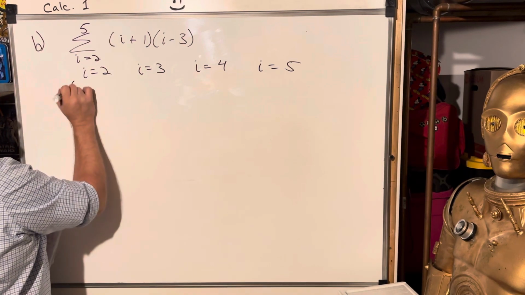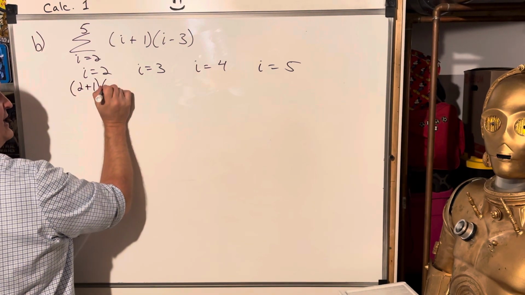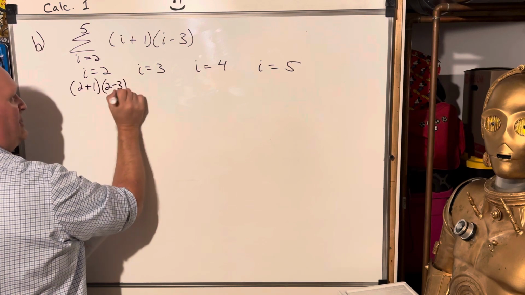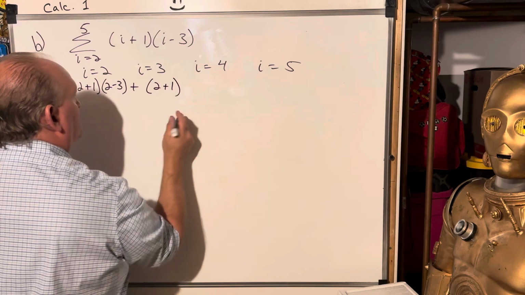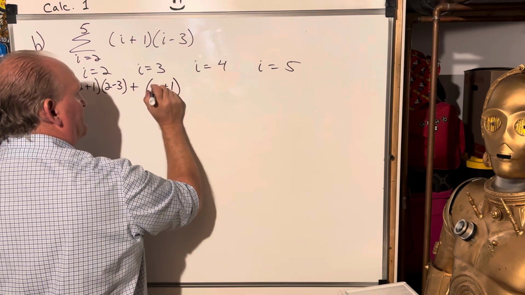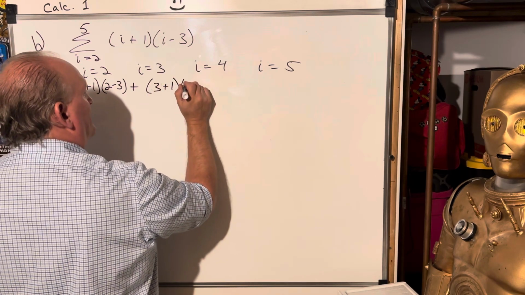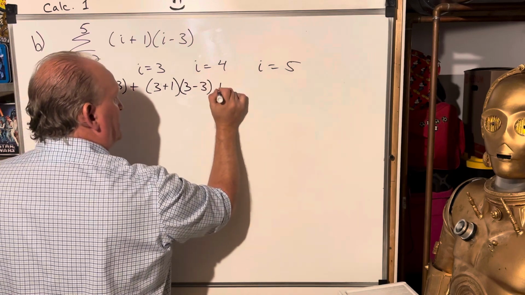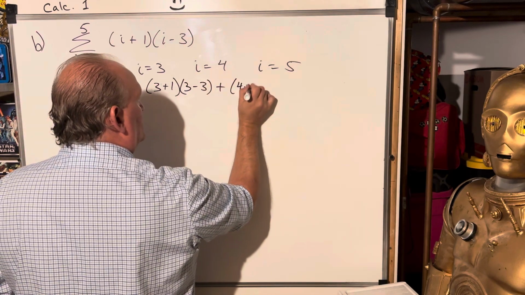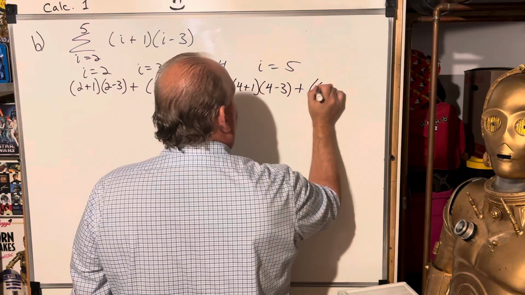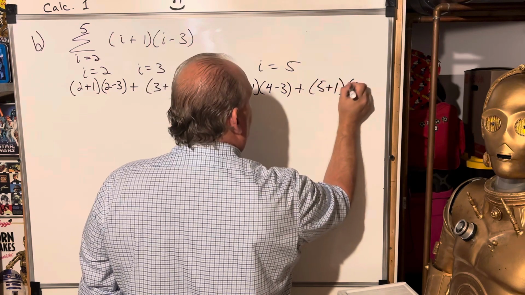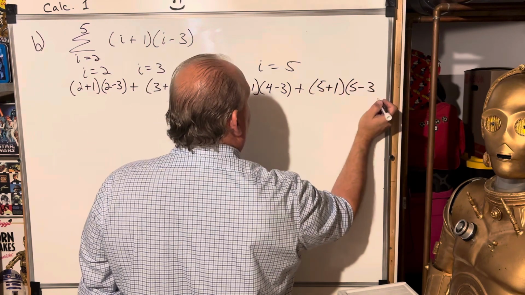And now we're doing 2 plus 1 times 2 minus 3, plus 3 plus 1 times 3 minus 3, plus 4 plus 1 times 4 minus 3, plus 5 plus 1 times 5 minus 3.